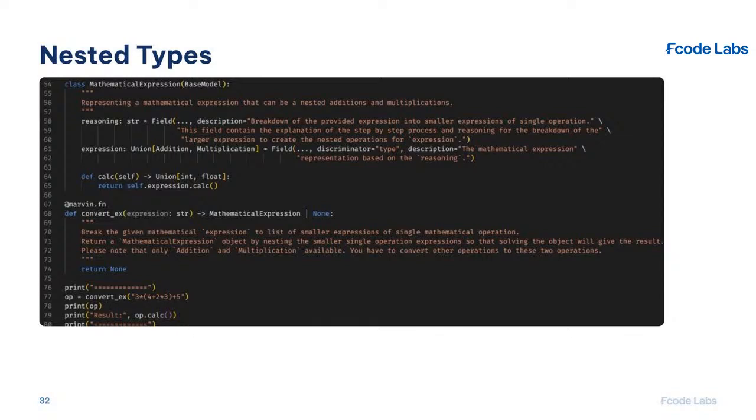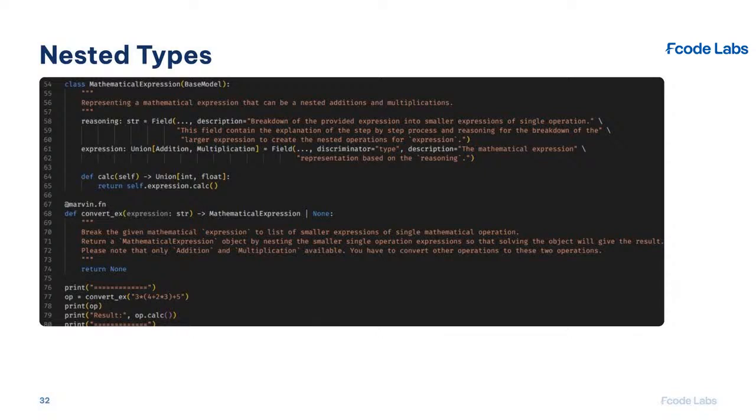For the chain of thought, I have created this mathematical expression class that will convert a given string expression to a nested set of addition or multiplication objects, and the LLM has to describe what it did in order to convert the mathematical string to the set of objects.